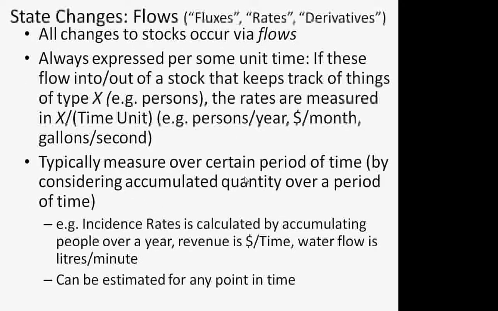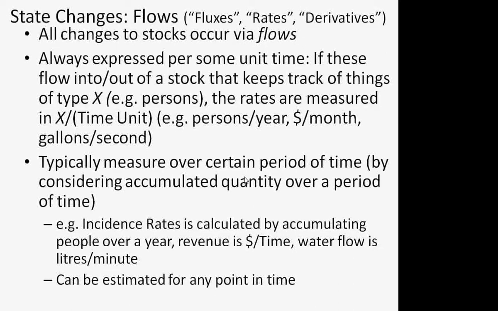Flows are a different matter. All changes to stocks occur via flows. Now, flows are always going to be quantified by some unit of time. You can, in fact, have a flow in the model, like number of people developing undiagnosed diabetes, which is hard to go observe, but if you were to quantify it, it'll be like people per month or people per year, per what have you.